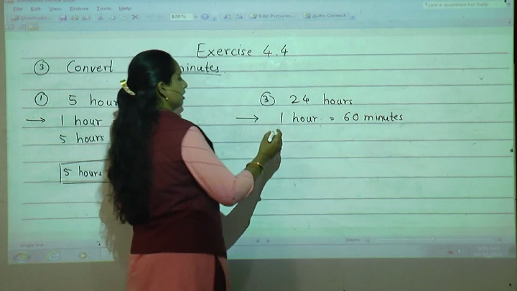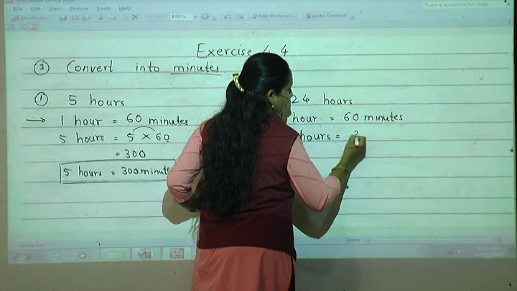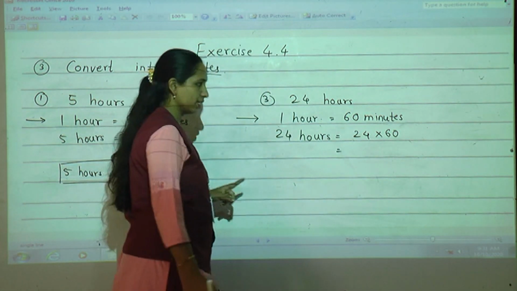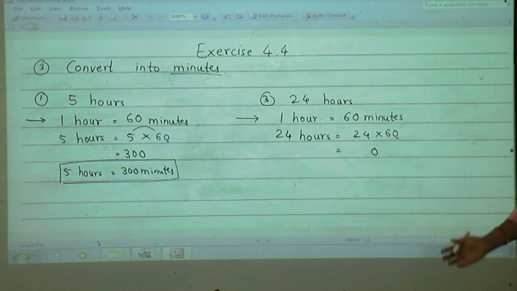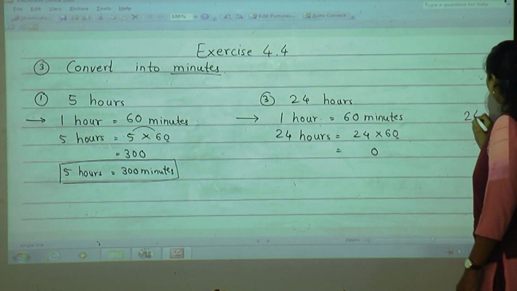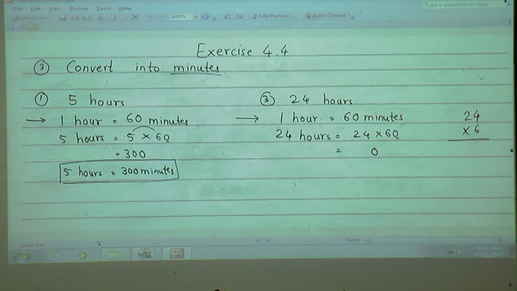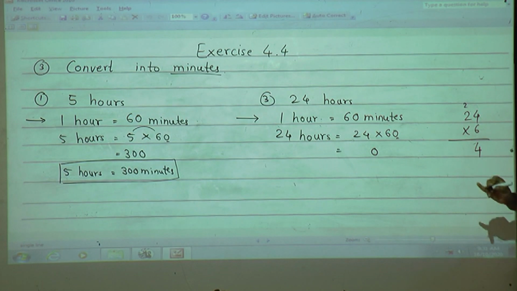So in the same way, 24 hours is equal to 24 multiplied by 60. Now see, 0, underline, write as it is. Now do the rough work because 2 digits are there. 24 multiplied by 6. 6 4s are, yes, tell me, 24. 6 2s are, yes, 12. 12 plus 2, 14. So what is the answer here?